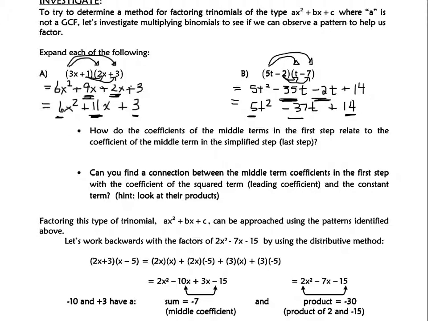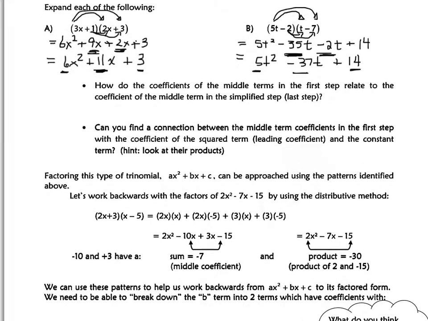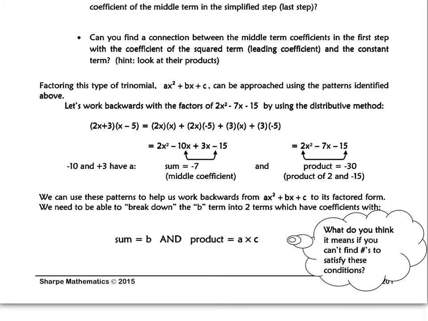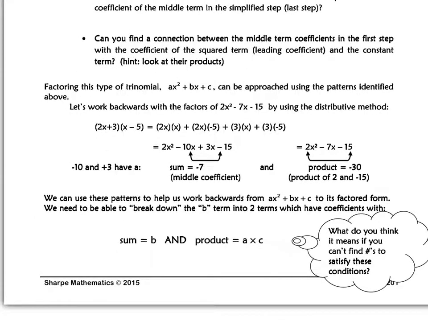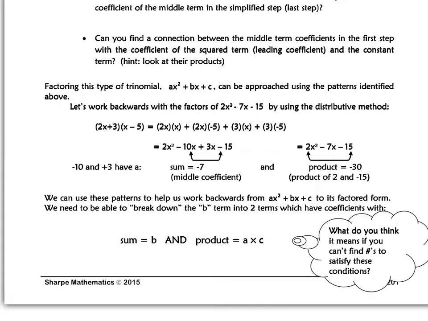So if we're looking to factor ax squared plus bx plus c, we would be looking for two numbers that have a sum of b and a product of a, the leading coefficient, times c, the constant term.